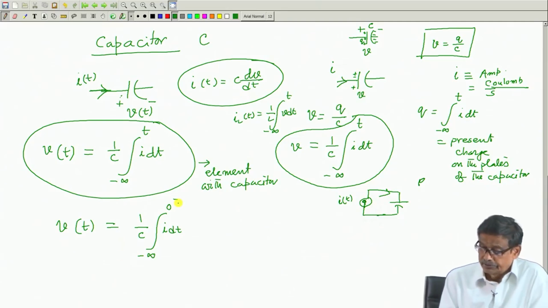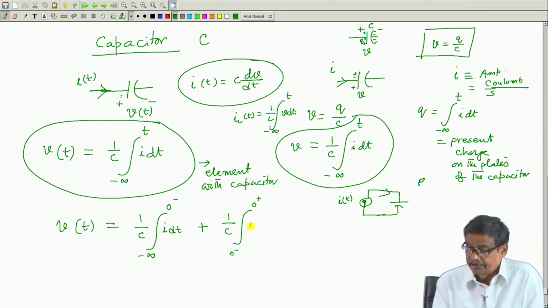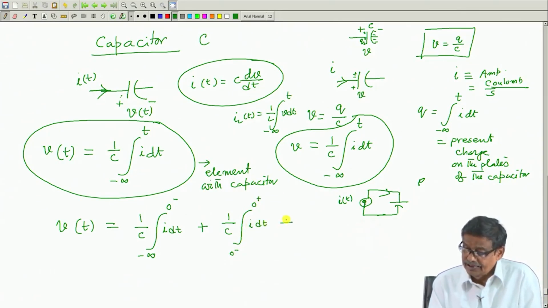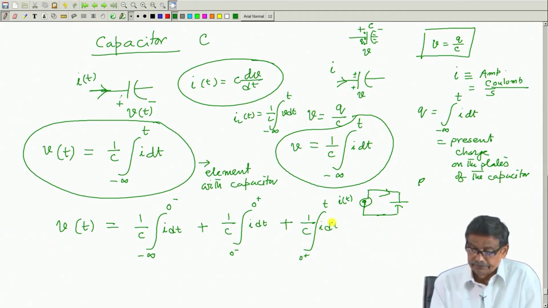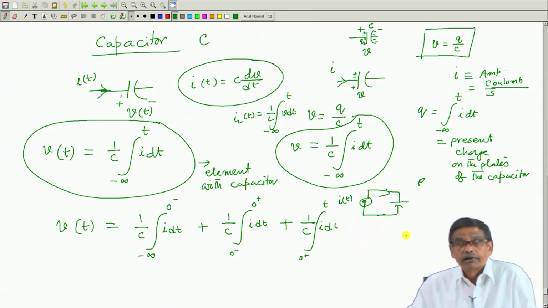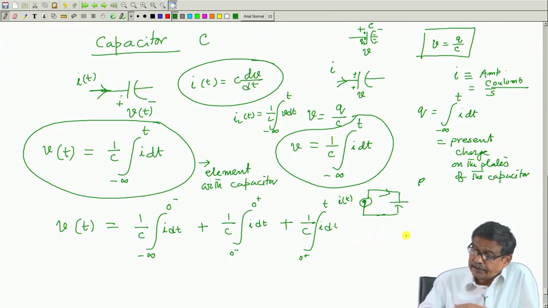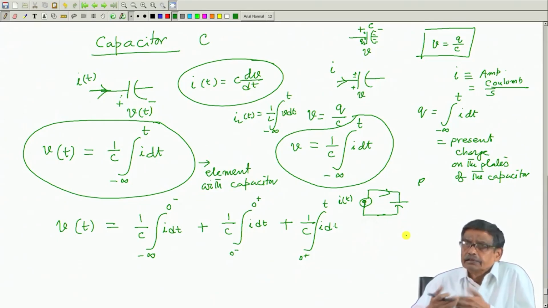So, minus infinity to 0 minus. Then the next term I will write 1 by C, 0 minus to 0 plus, I dt, and then I will write 1 over C, 0 plus to t. I can always write the whole integral from minus infinity to t broken up in this way. And then I will say that whatever this current source is, it is a reasonable current source.